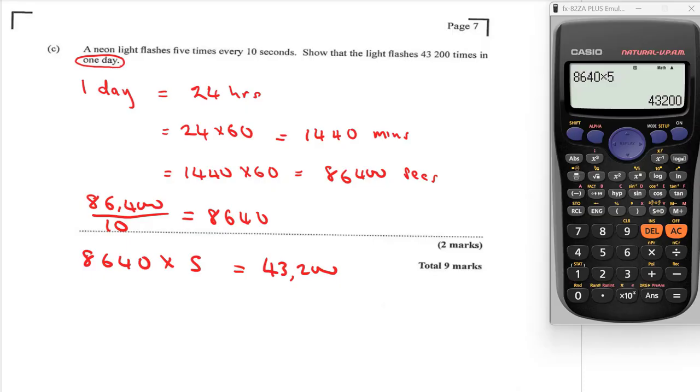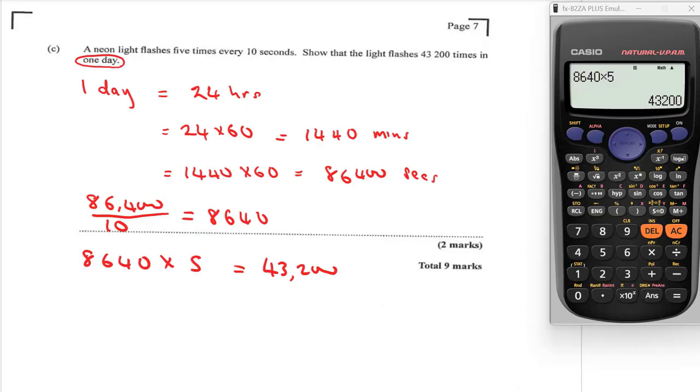I know that in one day there are 24 hours, and I know that 60 minutes make 1 hour. So I multiply the 24 by 60. I have my calculator with me, so I can enter that in my calculator. Also, I know that 60 seconds equal 1 minute. So I multiply the 1,440 by 60.